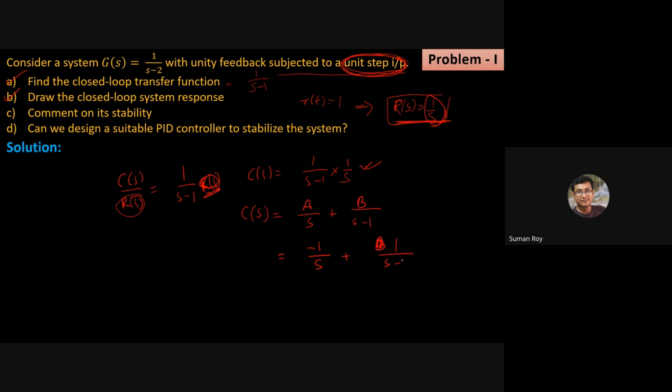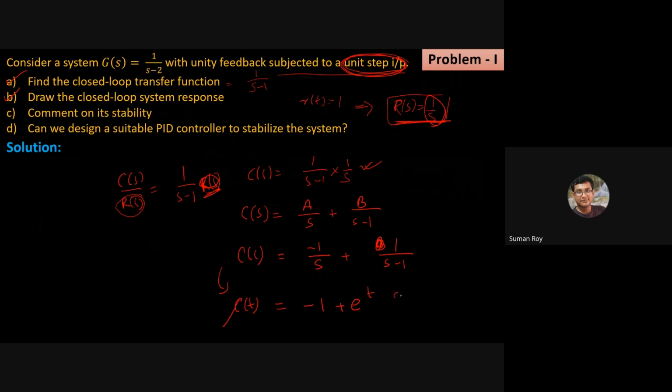So this will be C(s). Now after taking the inverse Laplace transformation, c(t) equal to minus 1 plus e to the power t. So this is the answer for drawing the closed loop system response.